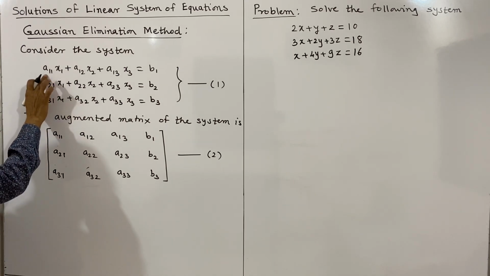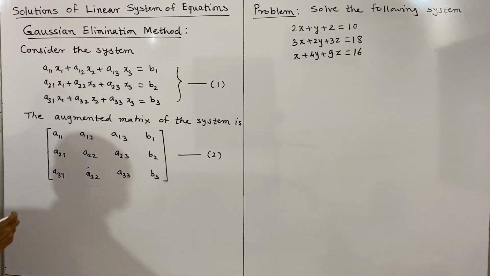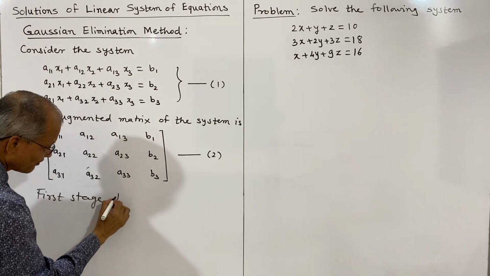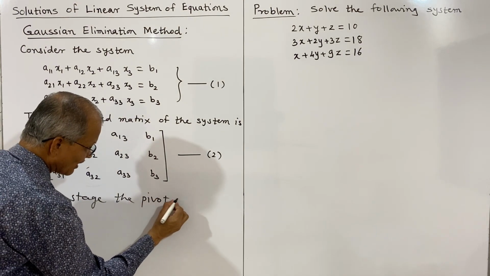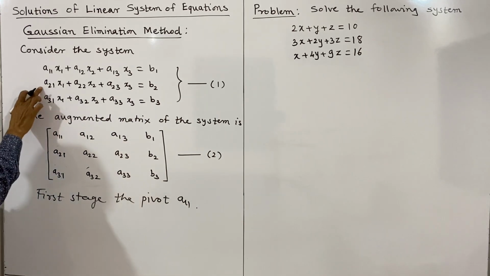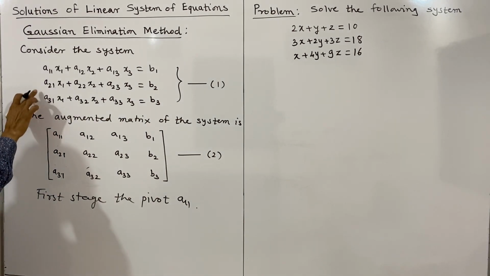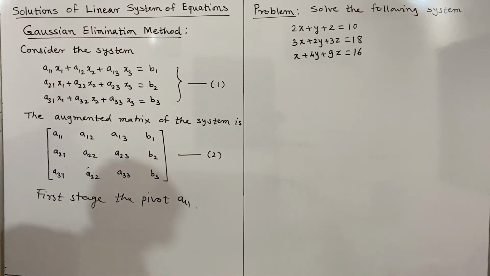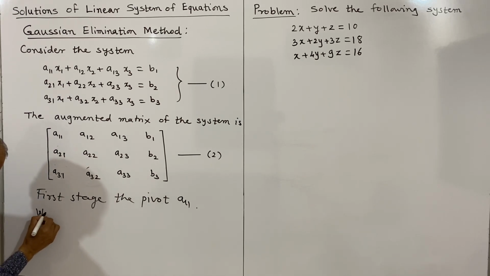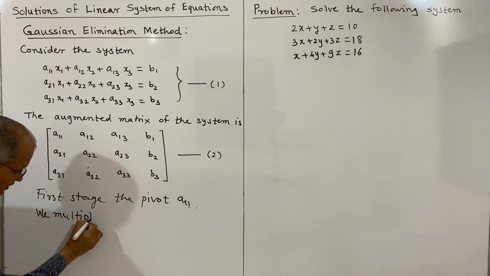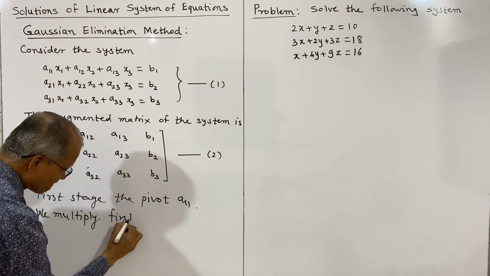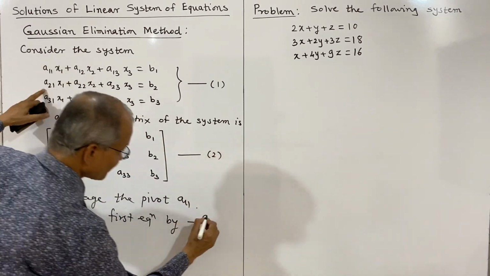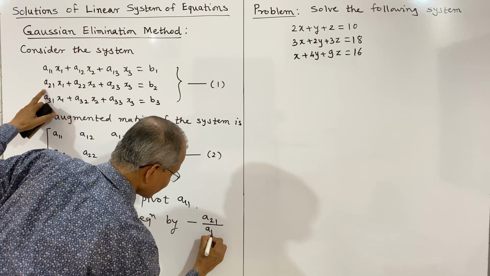Here the pivot element at the first stage is a11. That means we divide by a11 and multiply by a21, or we multiply the first equation by negative a21 divided by a11.